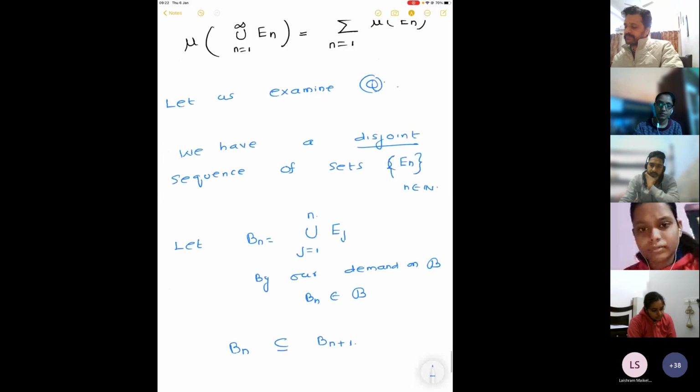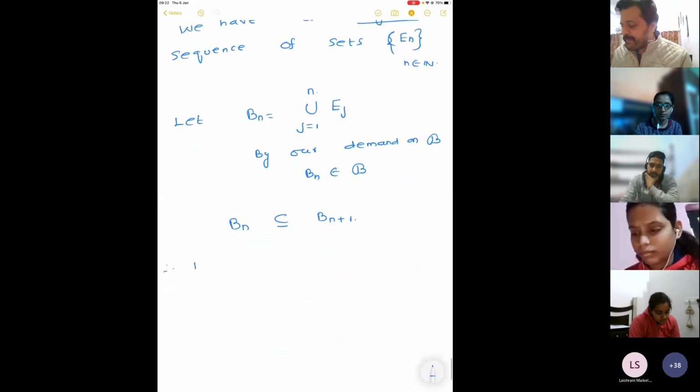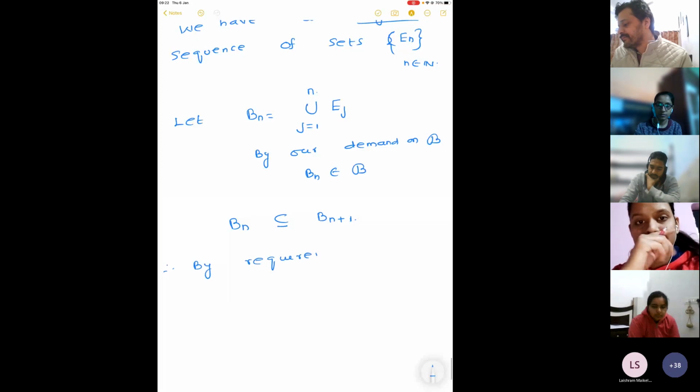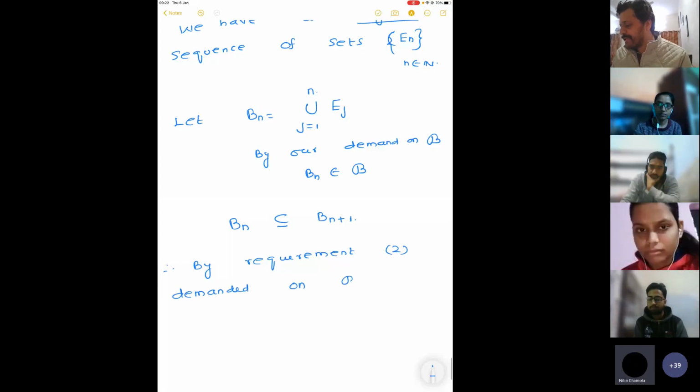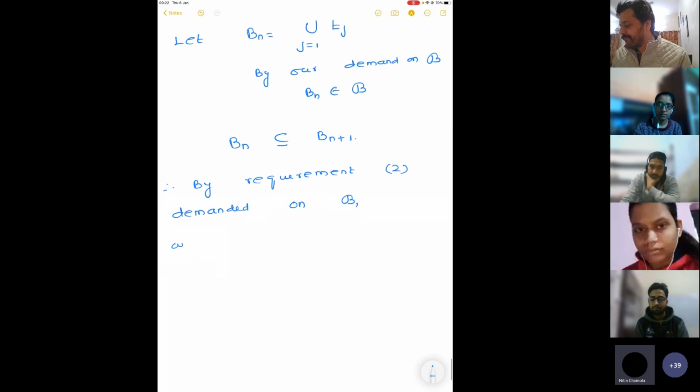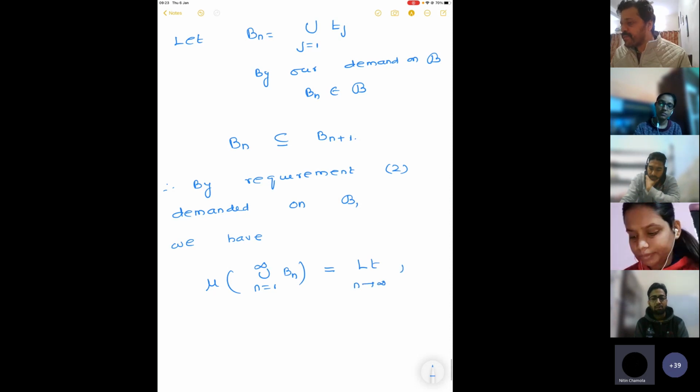Therefore, by requirement 2 demanded on B, we have mu of the union n equal to 1 to infinity of Bn is equal to the limit n tending to infinity of mu of Bn.